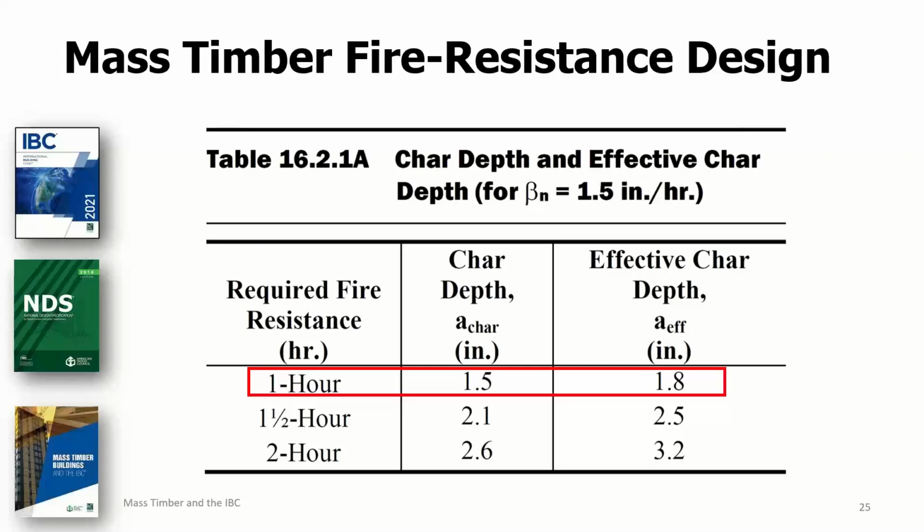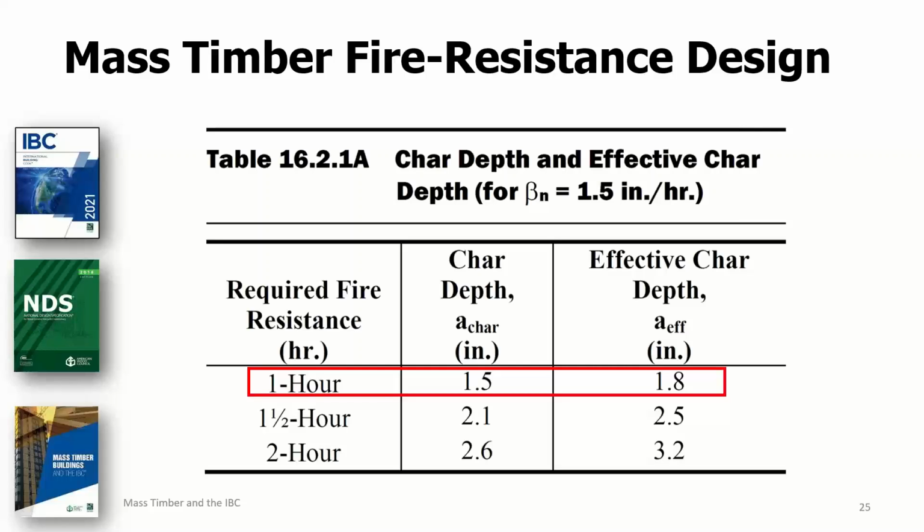And then the column on the right provides values of effective char depth, or a sub eff. Notice that these values are about 20% greater than the values in the middle column. This additional 20% increase in the assumed char depth provides the further reduction in section properties that I referred to on the previous slide. Again, this accounts for strength loss in the heated zone and rounding at the corners to a certain extent.